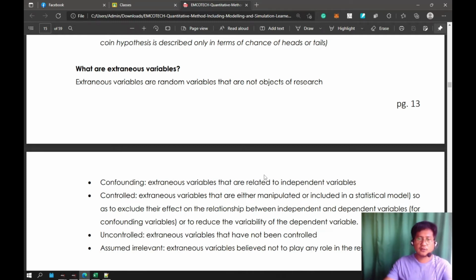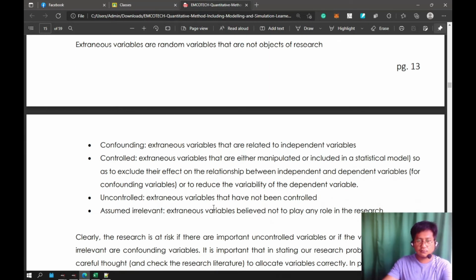And then the next is assumed irrelevant, which is an extraneous variable believed not to play any role in the research. It is an excess variable.